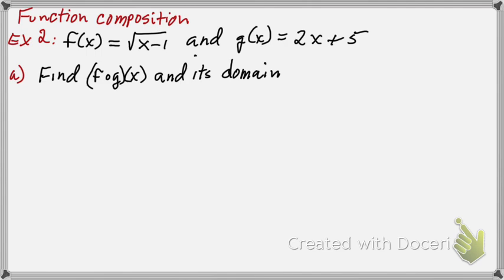So I'm really saying f of g of x. That means every place in f that I see an x, I'm replacing it with what I'm going to get as an output from g, okay, which is this, isn't it? I mean, that 2x plus 5 represents the output I'm going to get from g if I send it an x.